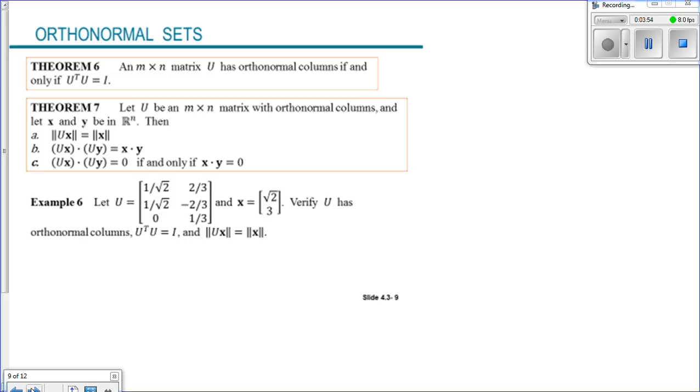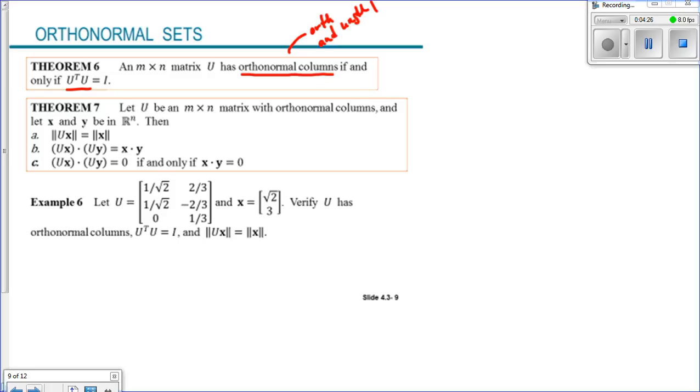Okay, so now this is an interesting theorem that says that if you have a matrix that has orthonormal columns, that means the columns are orthogonal and have length 1, then it's going to be true that U transpose times U will be equal to the identity.